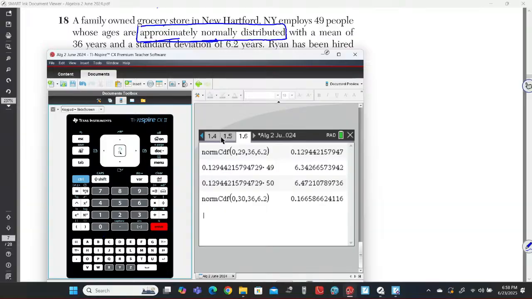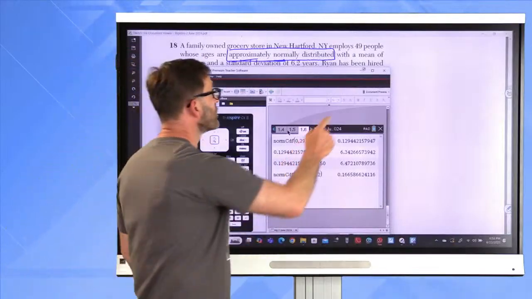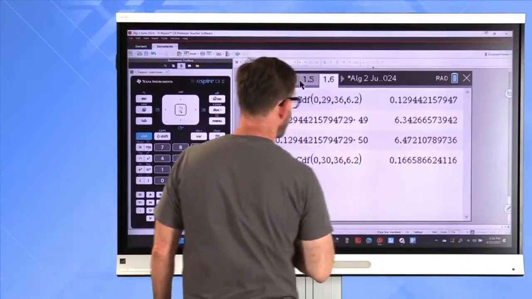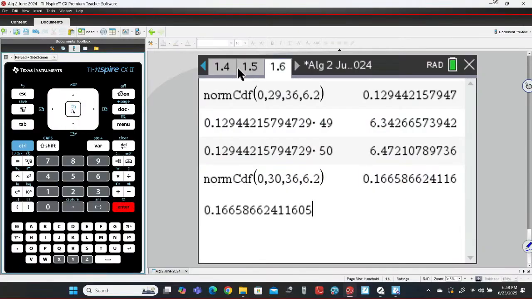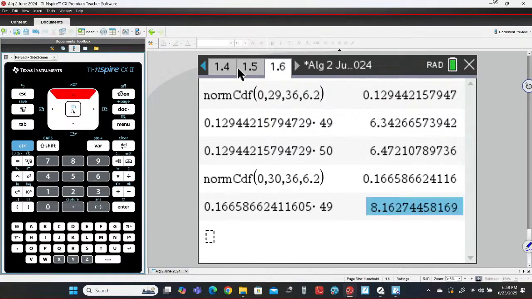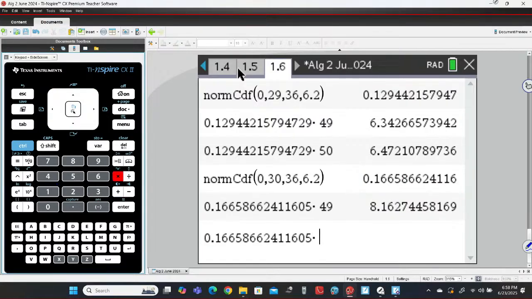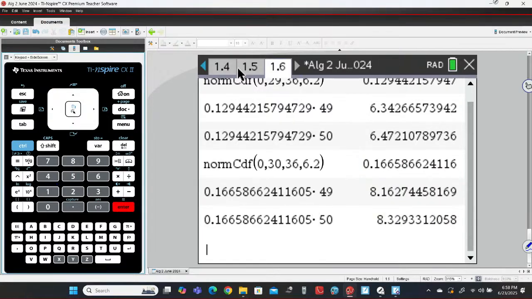And if you go 0 to 30, instead of 0 to 29, and then you take this and you multiply by 49, or you take this and you multiply by 50, either one, although I still think it's a little ambiguous, you get 8.